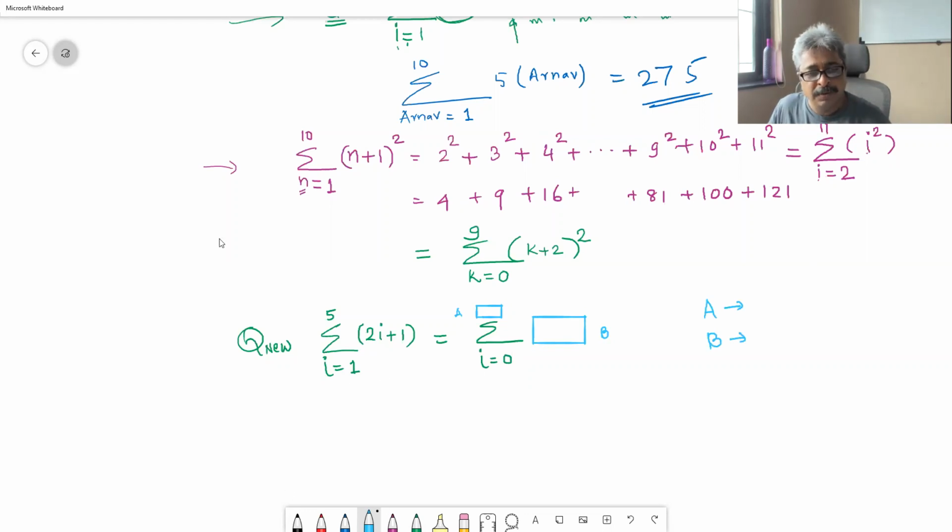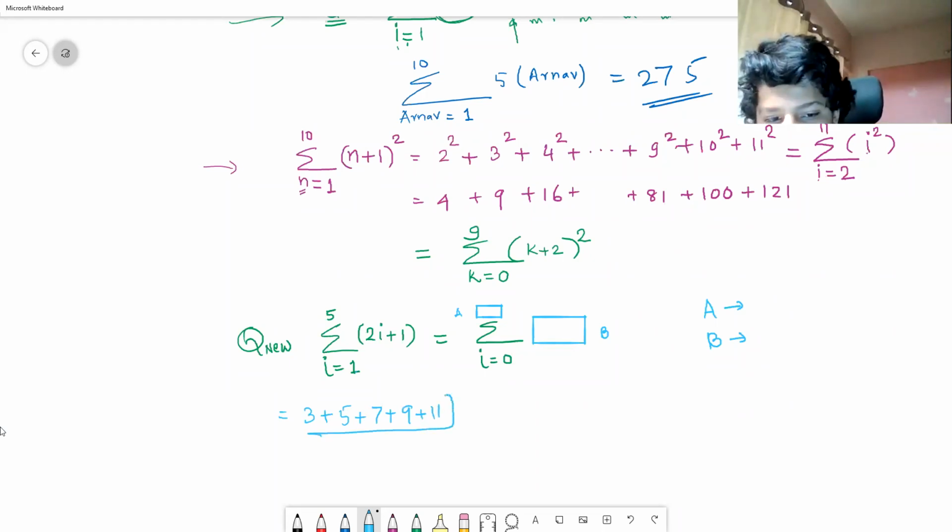Sigma i goes from 1 to 5, 2i plus 1. If i is 1, then it is 3. So on the safer side, if I don't understand the mechanism, let us write down 5 terms. i is equal to 1, first term is 3, plus i is equal to 2, second term is 5, third term is 7, fourth term is 9, fifth term is 11.